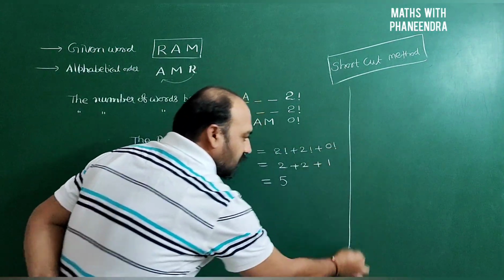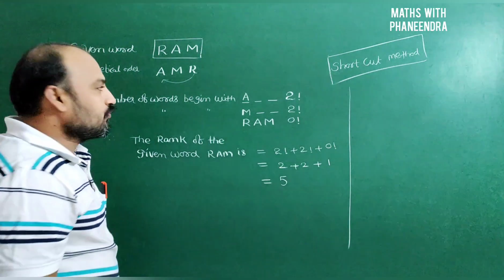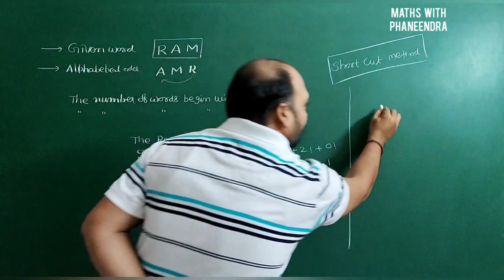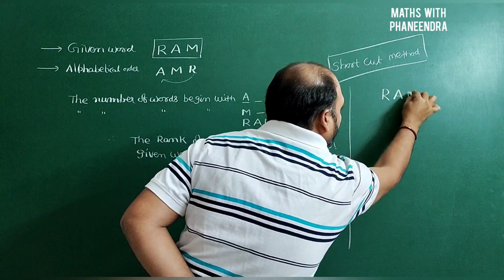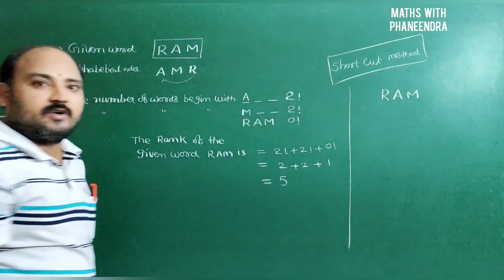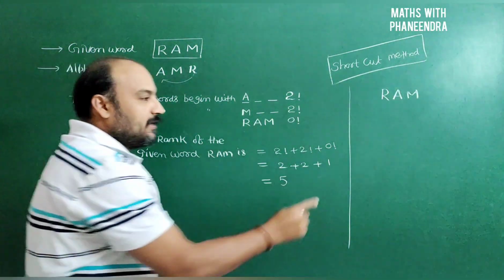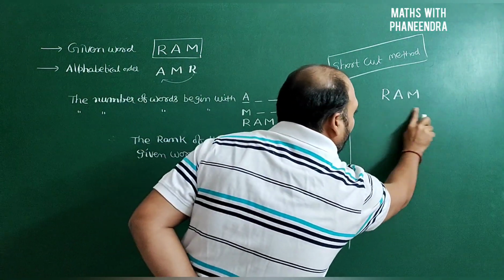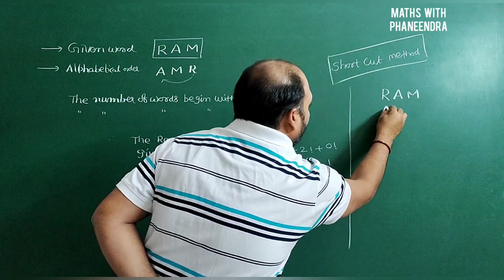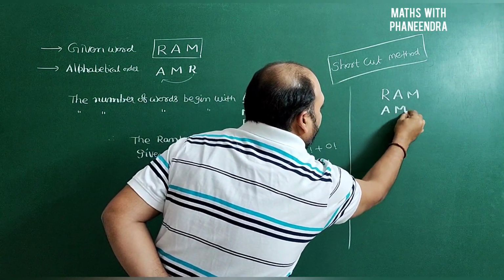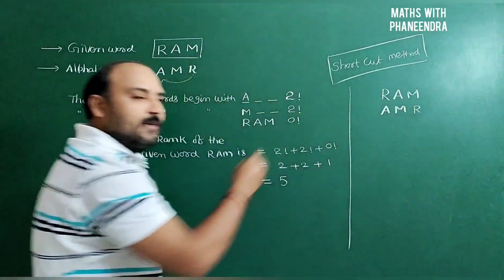In that, observe carefully. First, you have to write the given word RAM. This is the given word RAM. Next, you write the alphabetical order of the given word. So A, M, R. This is the alphabetical order.